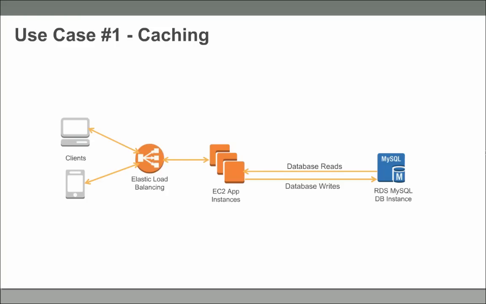So the first use pattern that we'll explore is caching. It's a very common use case for in-memory database. Now here your application servers are talking to a database, which in this case you see as RDS MySQL, but it can be any SQL or NoSQL database, whether managed or self-managed.